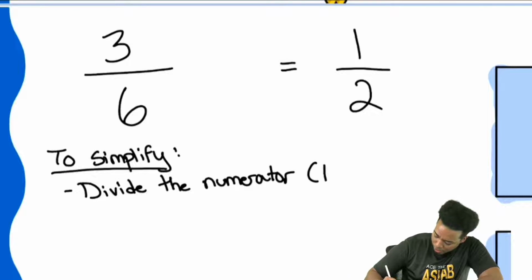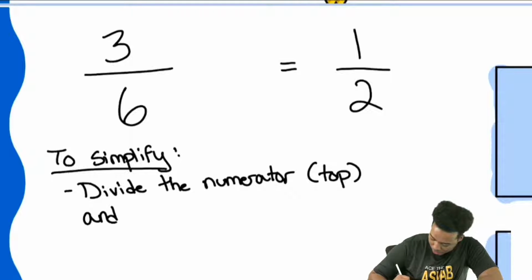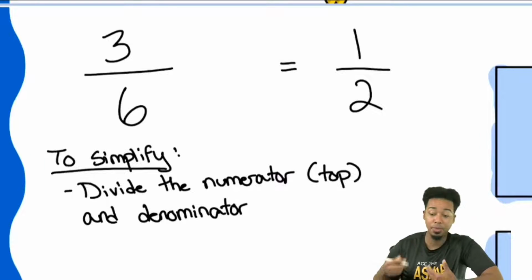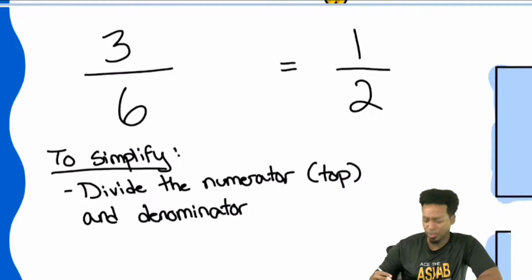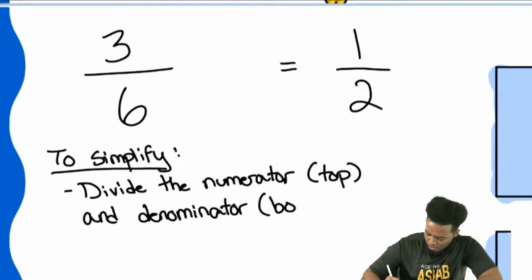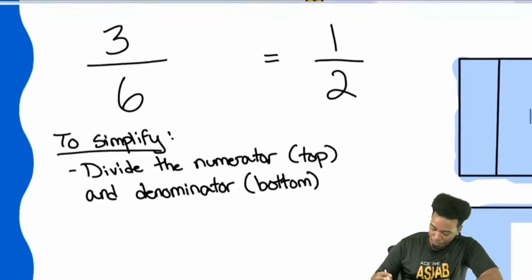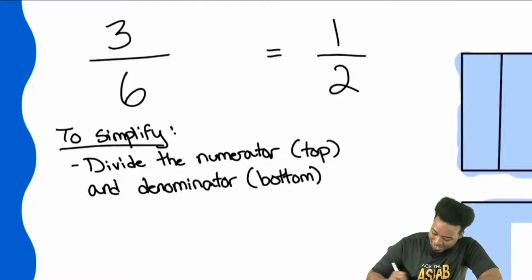So divide the numerator, the top, and the denominator. And by default, if the numerator is the top, the denominator is the what? Right, the denominator is the bottom. So divide the numerator, or the top, and the denominator, the bottom, by the same number.